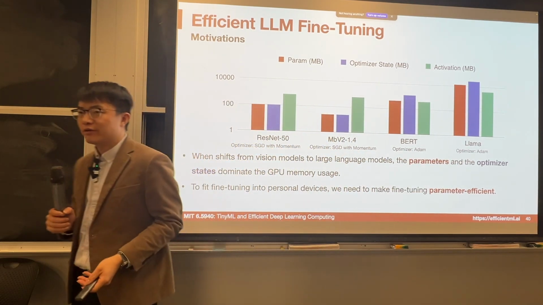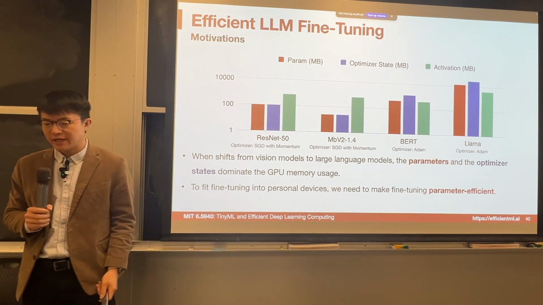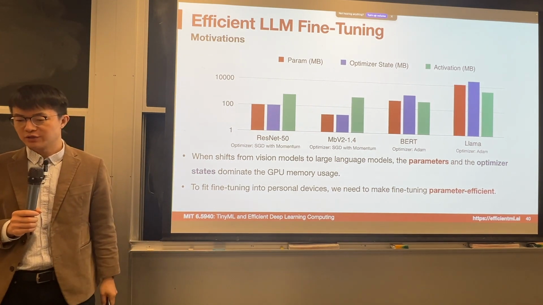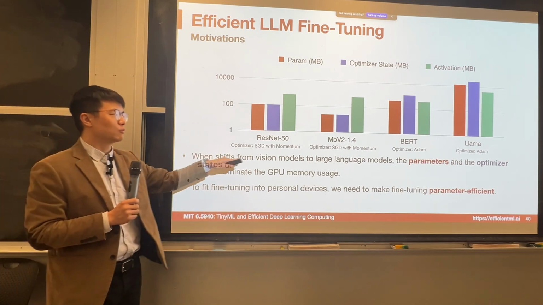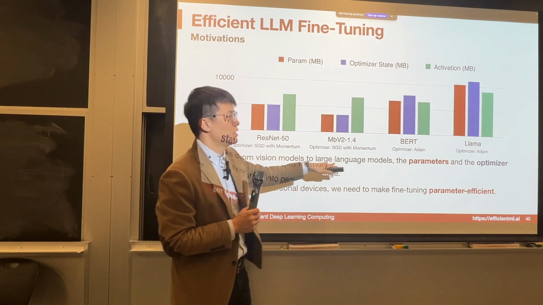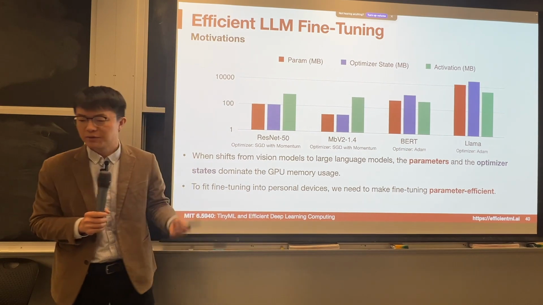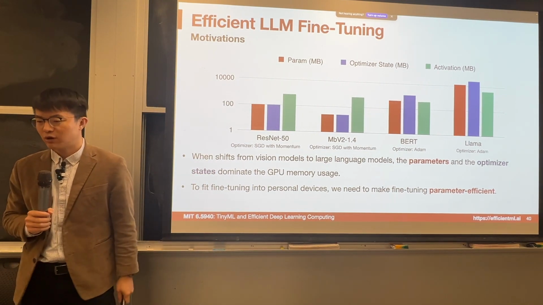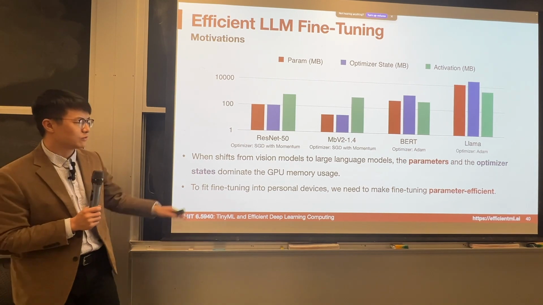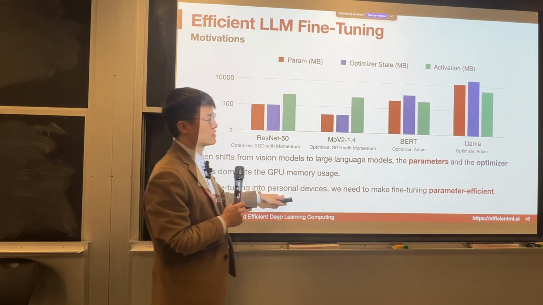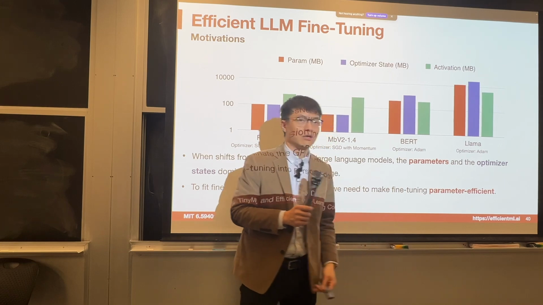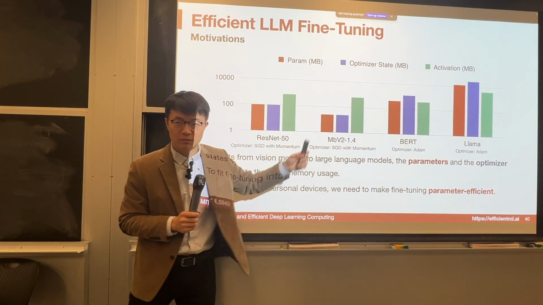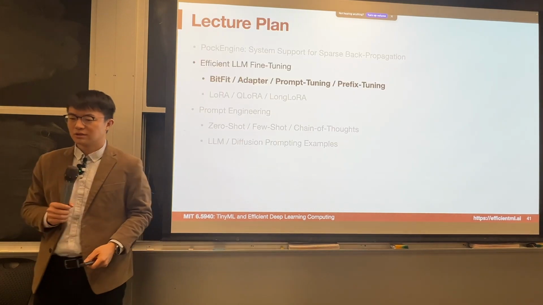So the weight is becoming more dominant, especially when the batch size is small. So when we shift from vision models to large language models, the parameters and also the optimizer states dominate the GPU memory usage, especially with small batch size. And to fit fine-tuning into personal devices, we need to make fine-tuning very parameter efficient. Not just activation efficient, but parameter efficiency is very important.